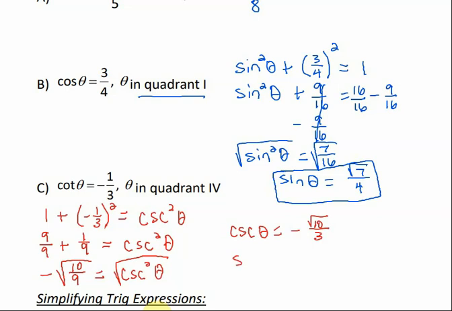So sine of theta is going to be negative 3 over the square root of 10. Well, we can't leave it like that. We need to rationalize it. So we would multiply both the top and the bottom by the square root of 10, and we get sine of theta is equal to negative 3 square root of 10 over 10.